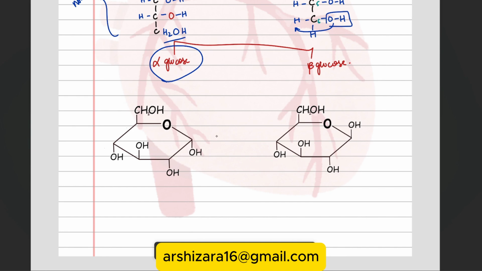In alpha glucose, first of all, we just number the carbons. This is the first carbon. This is the first one, this is the second, third, fourth, fifth, and this is the sixth one.